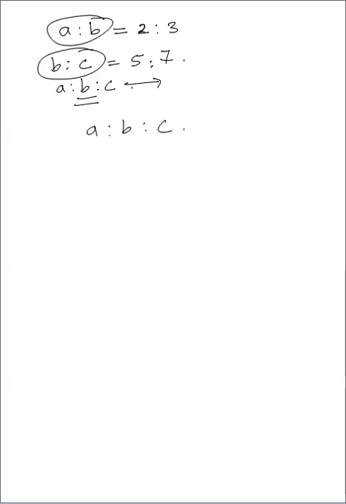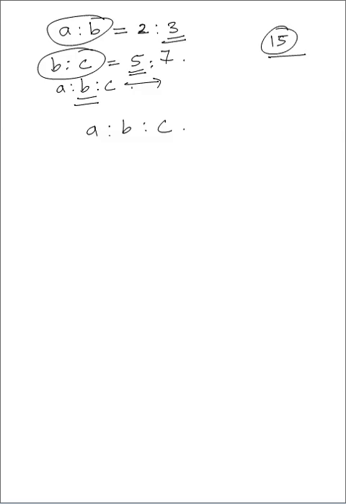Here in a is to b, b is 3, and in b is to c, it is 5. So we have to find the common multiple of 3 and 5, which is 15. We have to multiply a is to b, on both numerator and denominator, by 5.